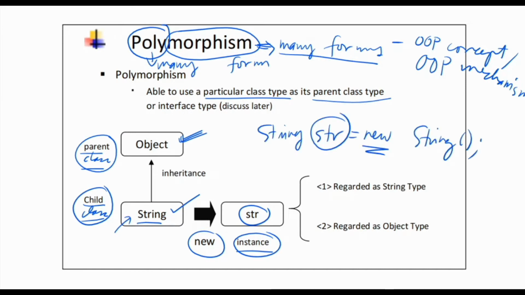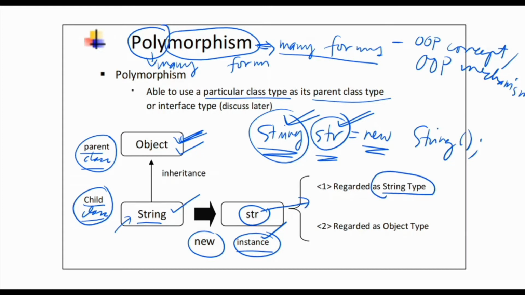And the question now is, is string the only class type of str? Or since string is a child class of object, is str considered also as of this class type object? The answer to that is yes. str in fact is treated as an instance of type string and an instance of type object.